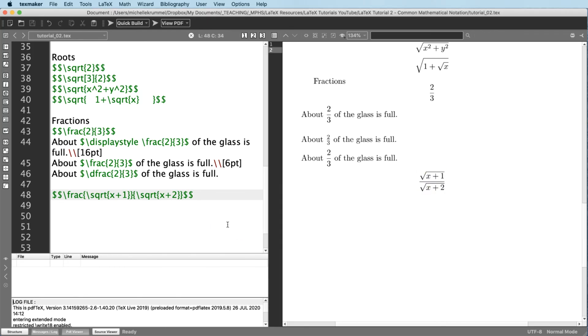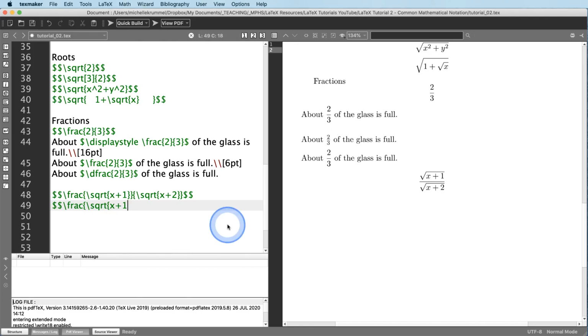And there we go. So I did use TexMaker to my advantage there. I wasn't typing it all out manually. Let's try that one more time. If I were typing it out manually, backslash frac, your curly bracket, then slash square root. You have to open another curly bracket. So at this time, you have to kind of mentally keep track that you have two curly brackets open, and eventually you need to close the two curly brackets.